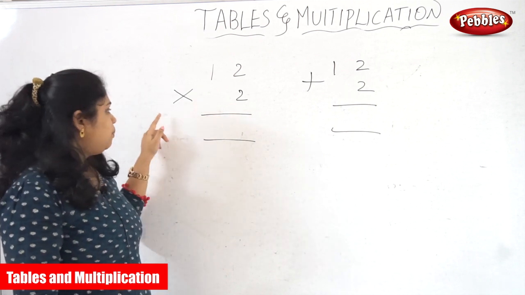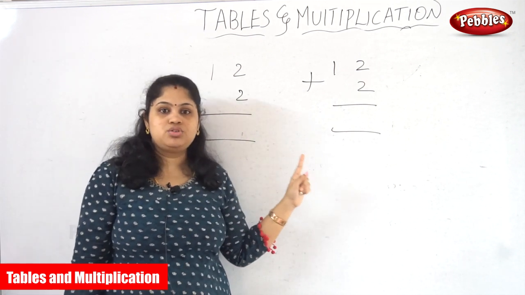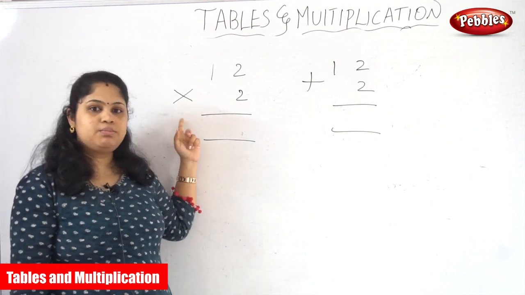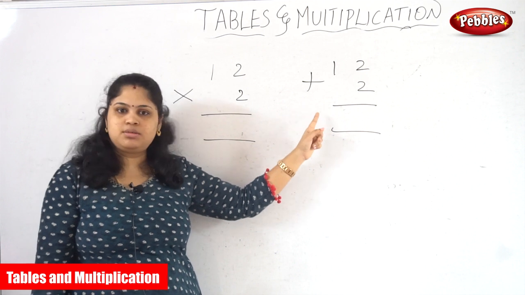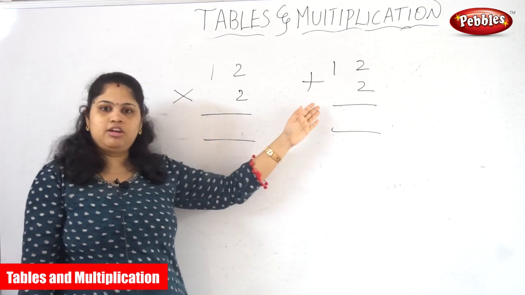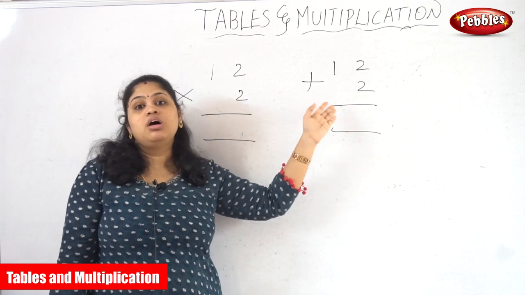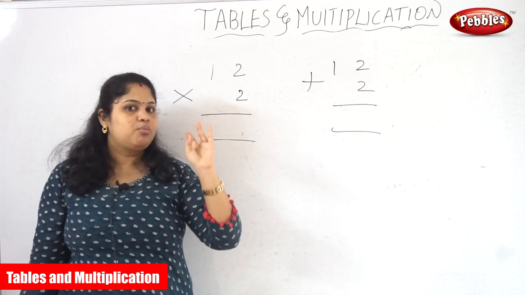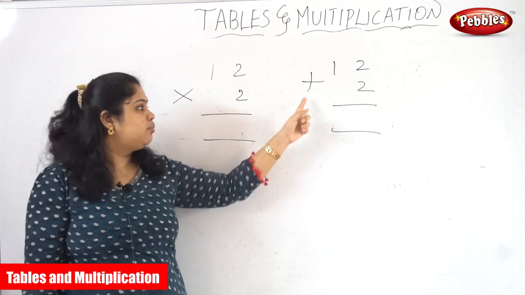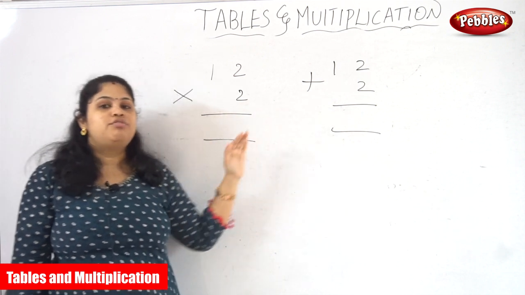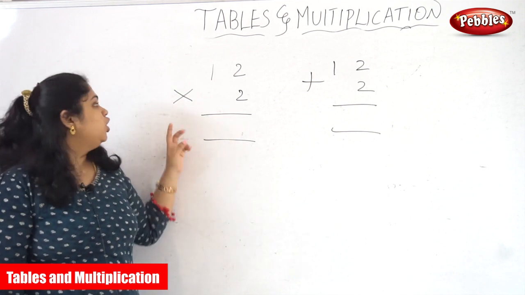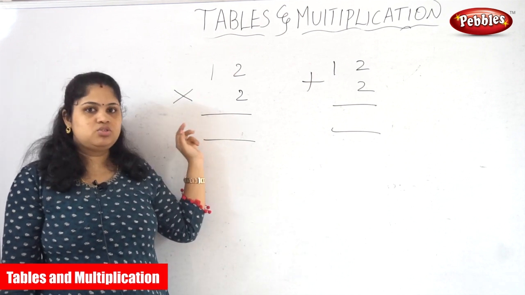If you want to perform multiplication in a calculator or a computer, you cannot find this symbol. For addition you will find the plus symbol, but in a mobile phone calculator and a computer calculator you cannot find the X symbol, the cross symbol.